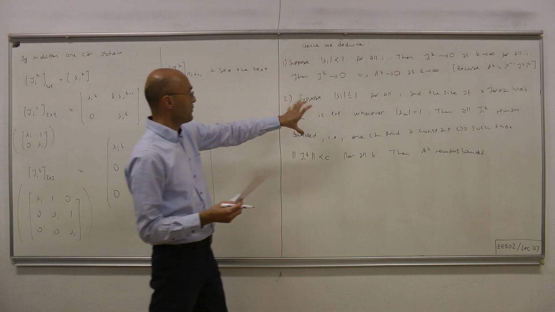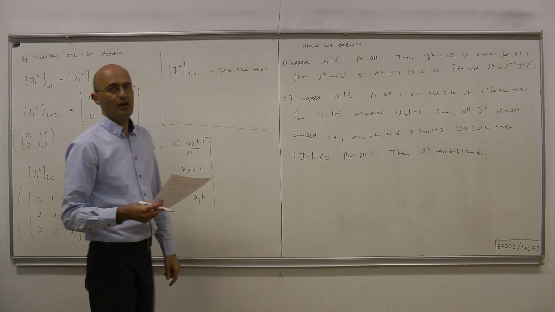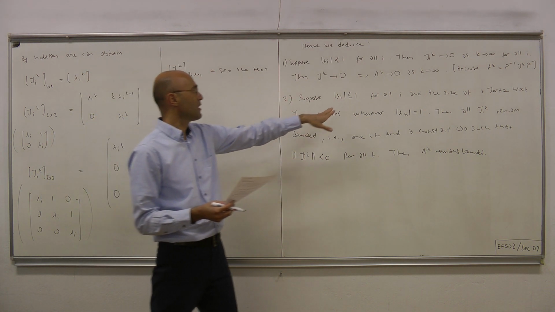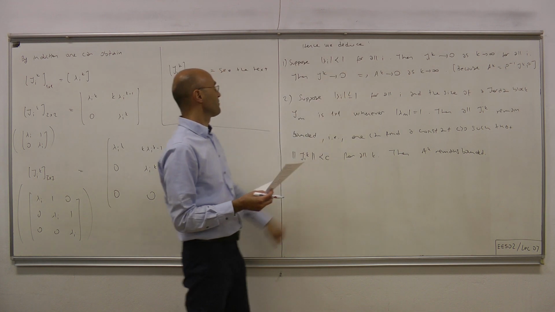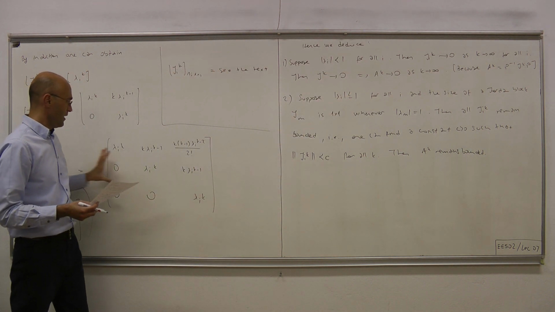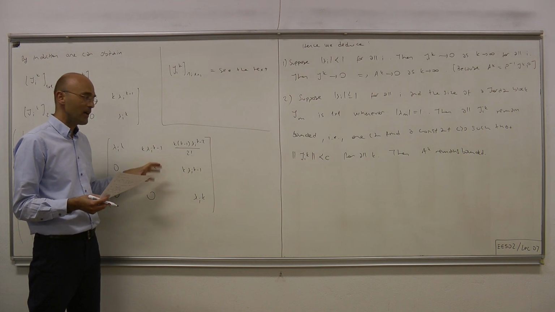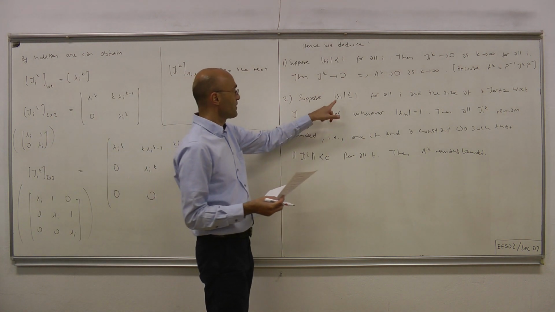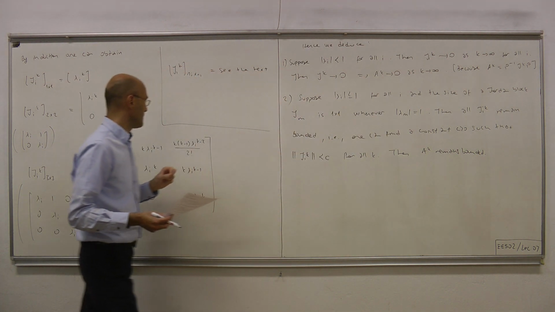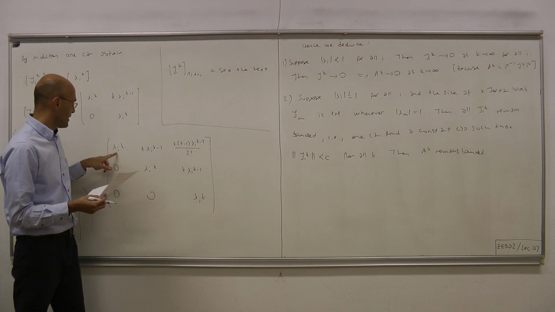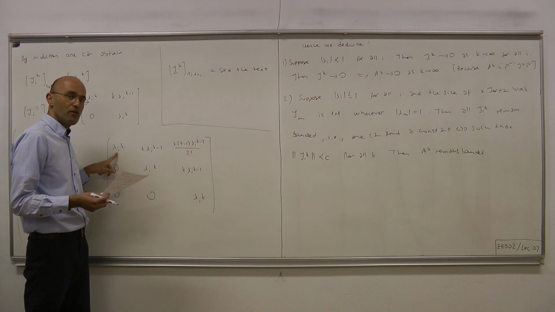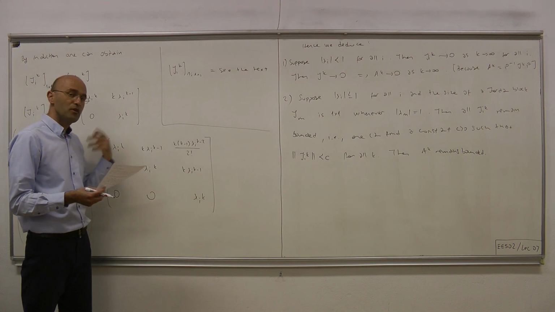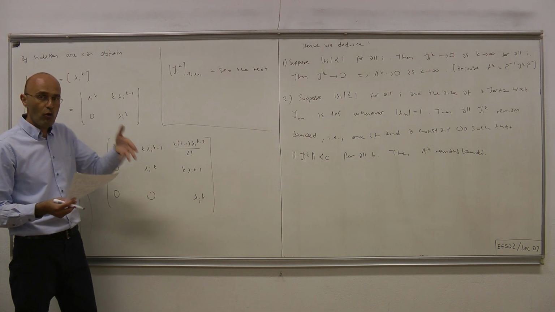Okay, so let's reread this. If magnitudes are no larger than 1, there are two possibilities. One is that the magnitude is strictly less than 1. Then that corresponding Jordan block will converge to 0. If, however, the magnitude equals exactly 1, then this is not converging to 0. Lambda i raised to the power k has magnitude 1, therefore it's bounded, it's not converging to 0.